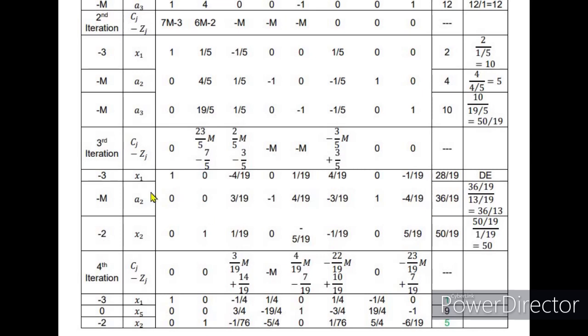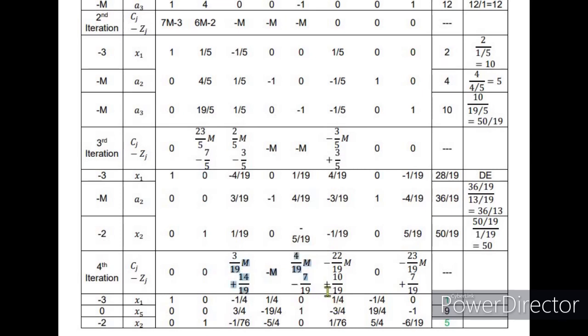Okay? So you notice that the values here become 0, and we only have two positive values. This 13 over 19m plus 14 over 19 and 4 over 19m minus 7 over 19.